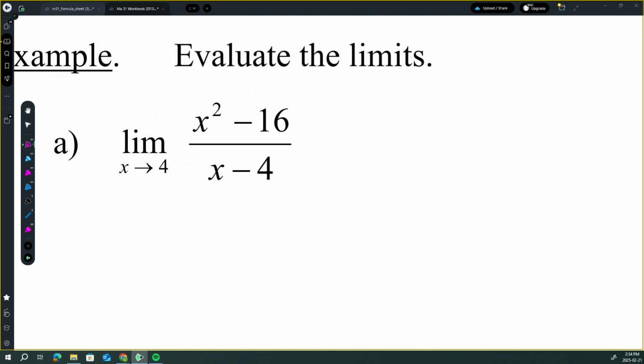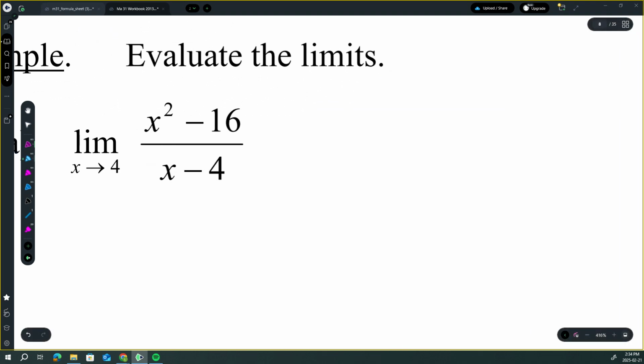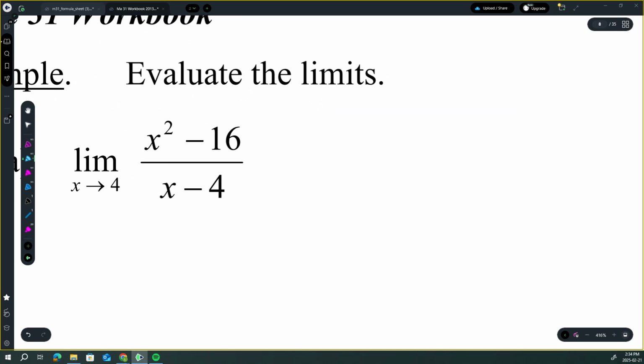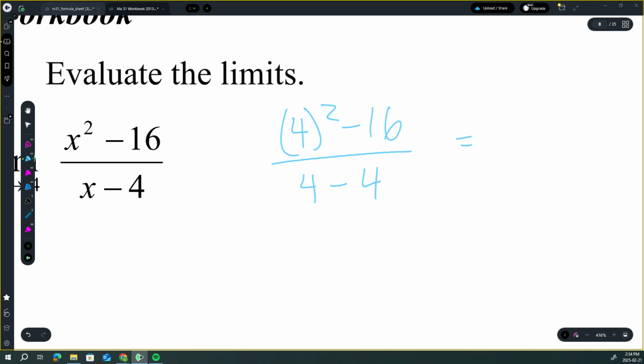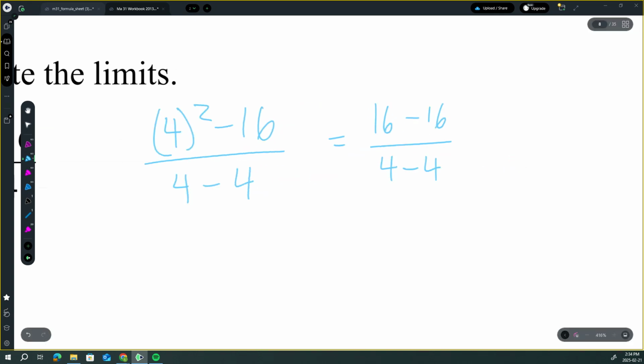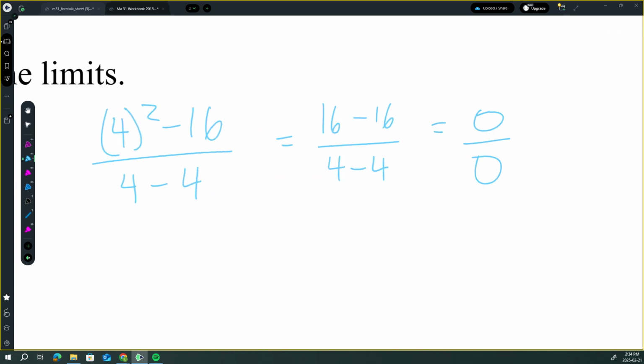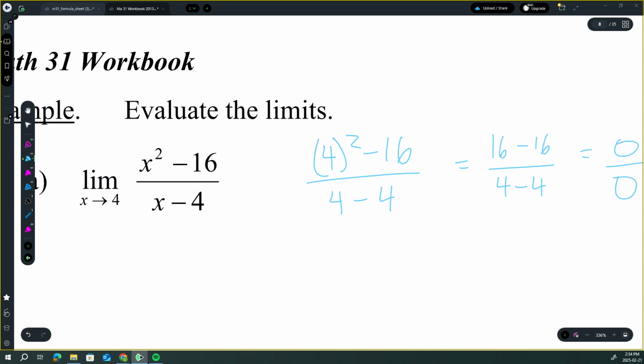I'm just going to do a little side thing really quickly. You don't have to write this part that I'm doing in blue, but I'm showing you that if we plugged in x equal to 4, we get 4 squared minus 16 divided by 4 minus 4. 4 squared is 16, so we get an indeterminate situation if we just plug in the value that x is approaching.